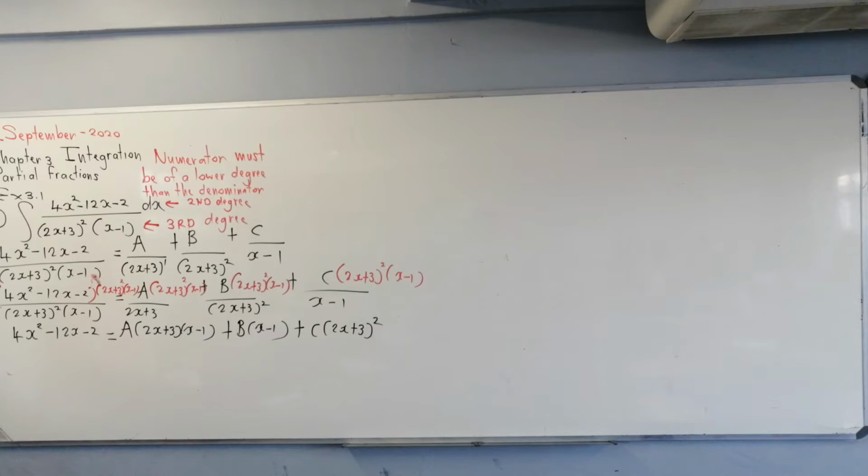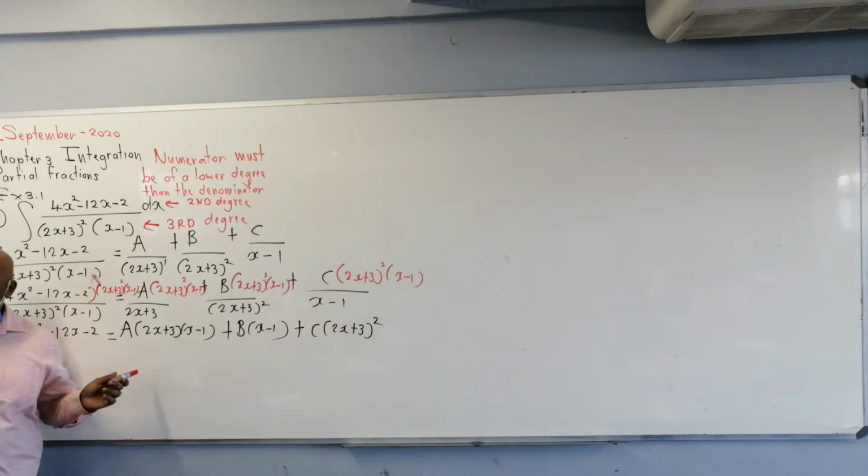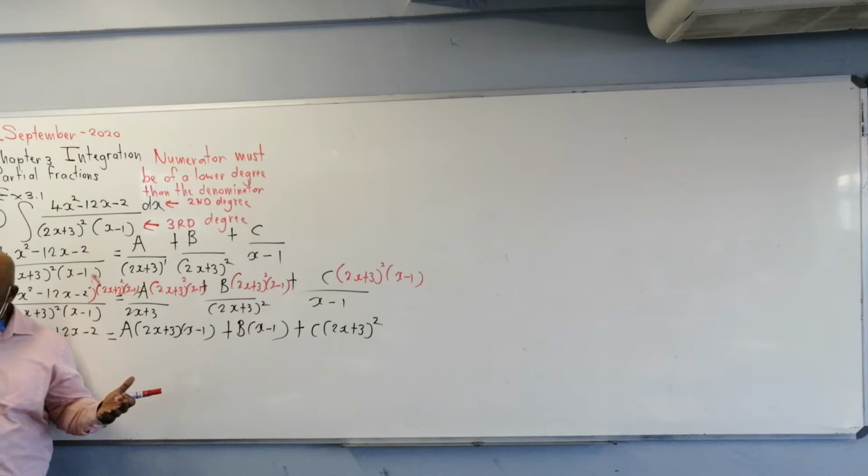Now, the method of substitution. The method of substitution is what I just did previously. Let me do the substitution again, then we can always do it in a different way. So now I need to substitute values. What values do I substitute?